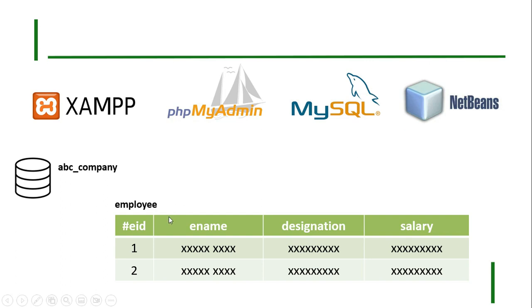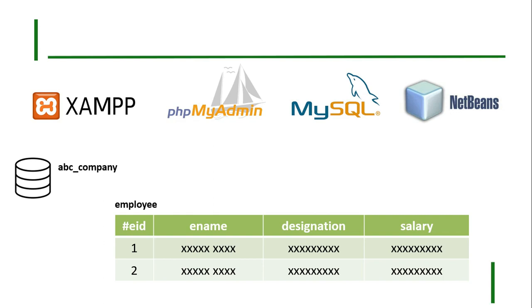It will have 4 fields. First one will be the employee ID, that will be a primary key and it will be auto number. Then a string field, ename, where we will be placing the employee name. Then the designation of an employee, and the last one will be the salary of an employee.